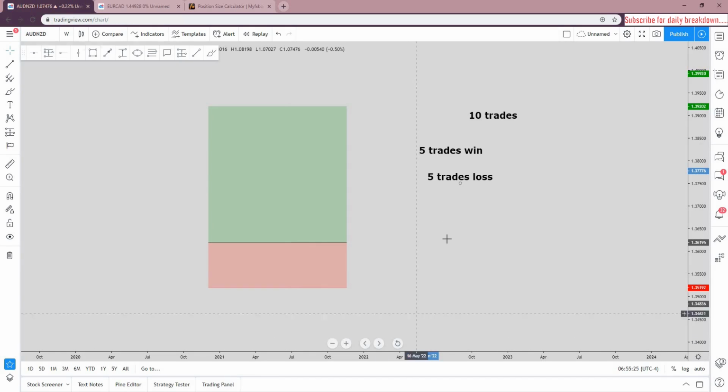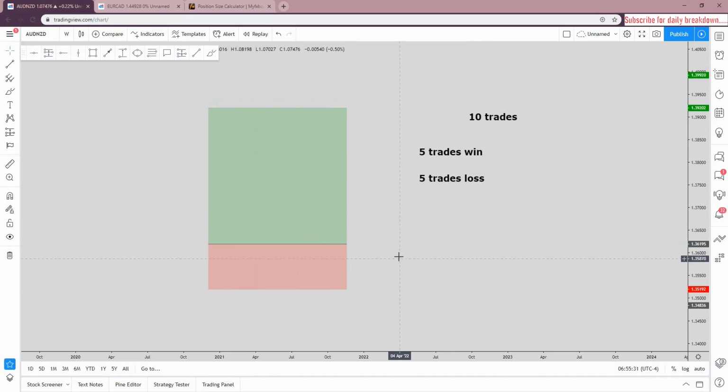Now, what will happen if we have a 1 to 3 risk to reward? If we win 5 trades, how much will we make? Let's assume we're risking 1% per position, and we are risking 1% to make 3%.